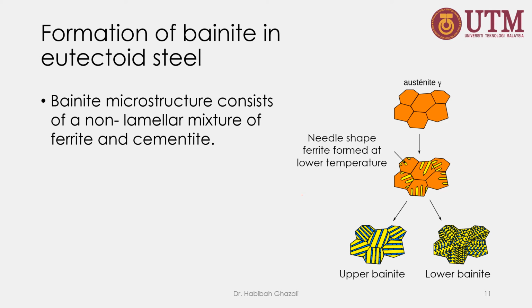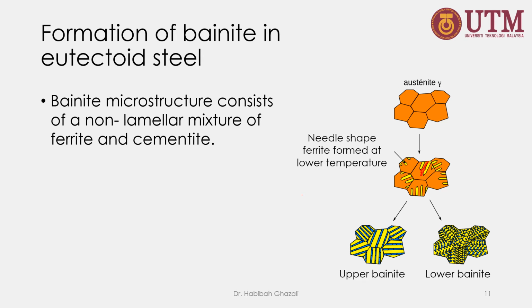But we also know that at lower temperature, the BCC ferrite cannot retain carbon inside the crystal structure. So what will happen is the carbon atoms will start to precipitate out at the grain boundary.